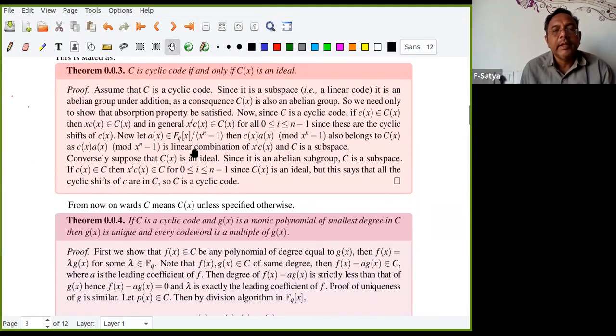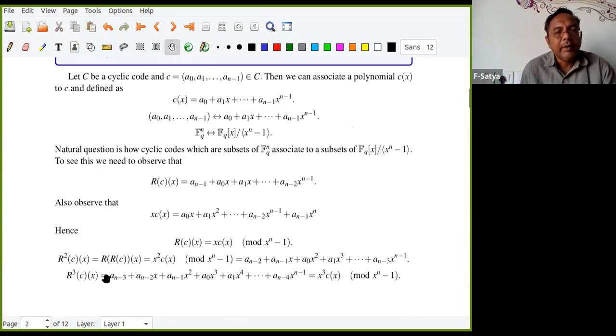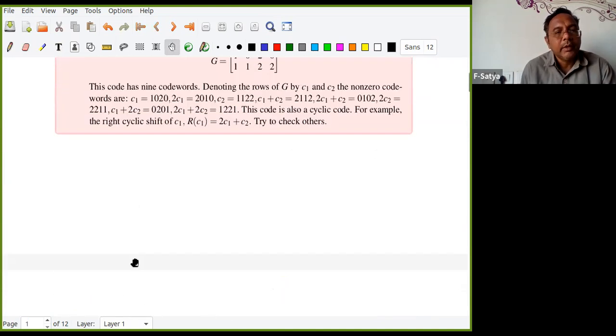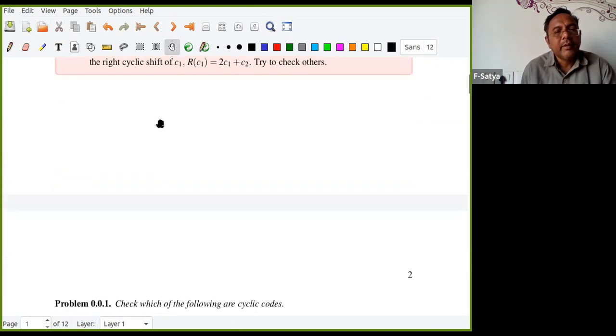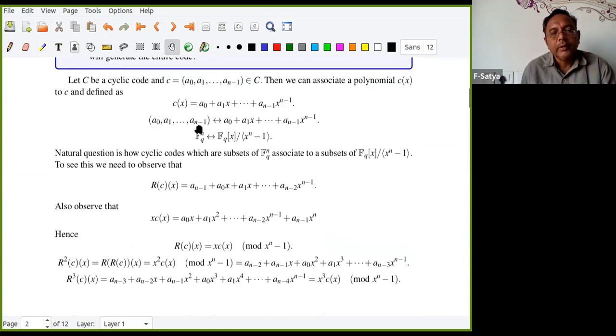Let us discuss what we have done till now so that it will be clear. I defined what a cyclic code is, then gave examples. Then I told that a cyclic code is related to an element: think of a code word converted into a polynomial.